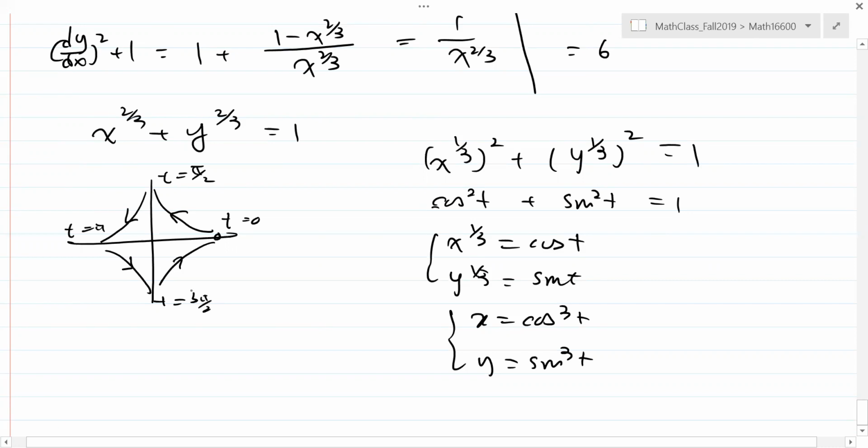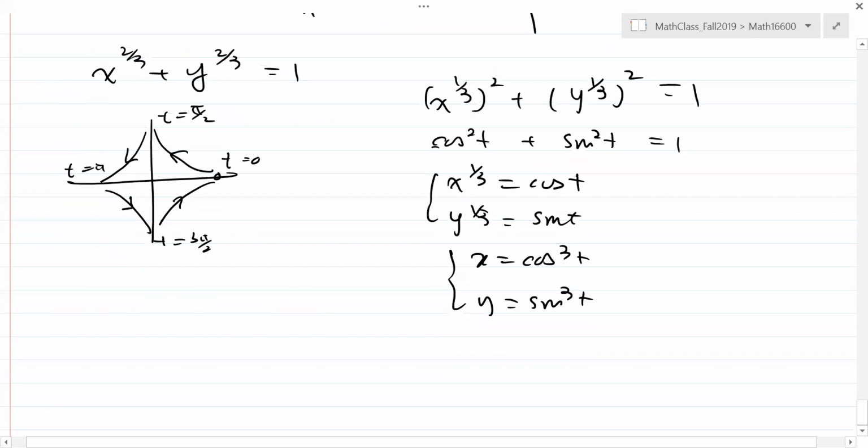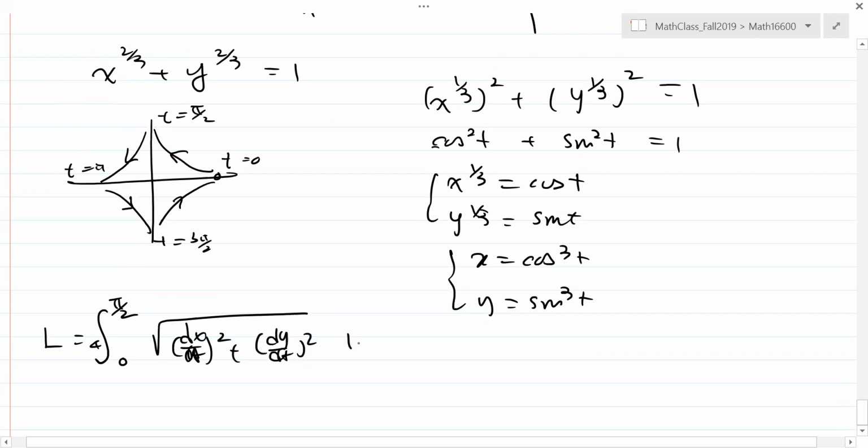So for the length integral, I just need 4 times the integral from 0 to pi over 2 of the square root of dx/dt squared plus dy/dt squared, dt. So this is another integral for the same length.